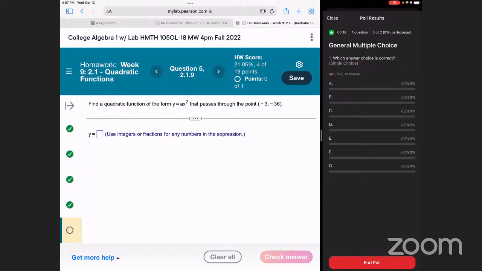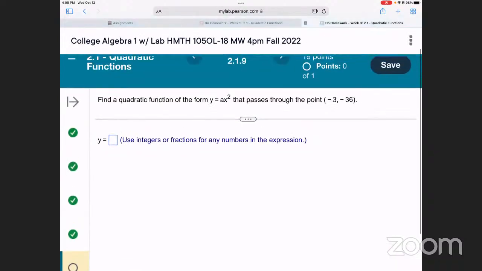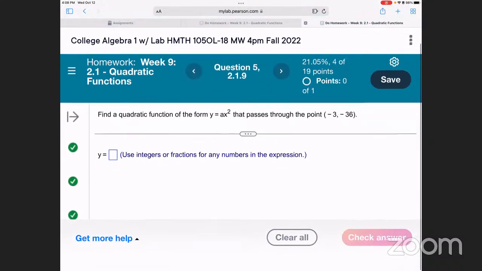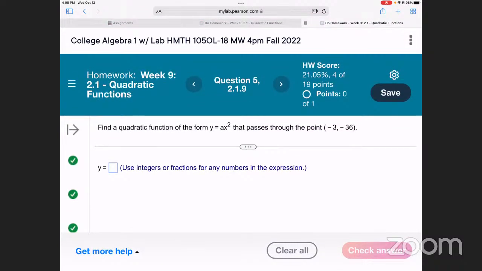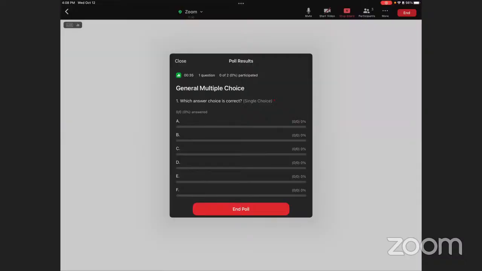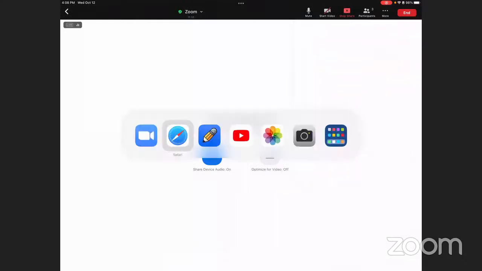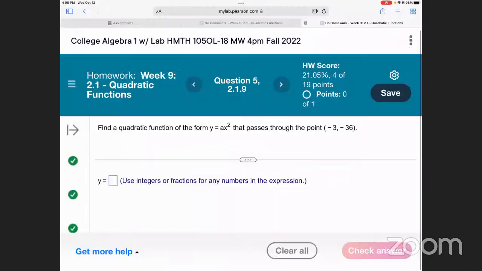Find a quadratic function of this form. Okay, now this one is not multiple choice. Let's zoom in some. That's looking good. Find a quadratic function of this form that passes through this point.